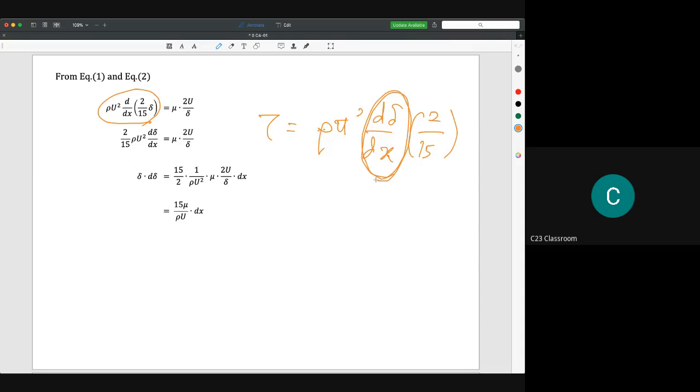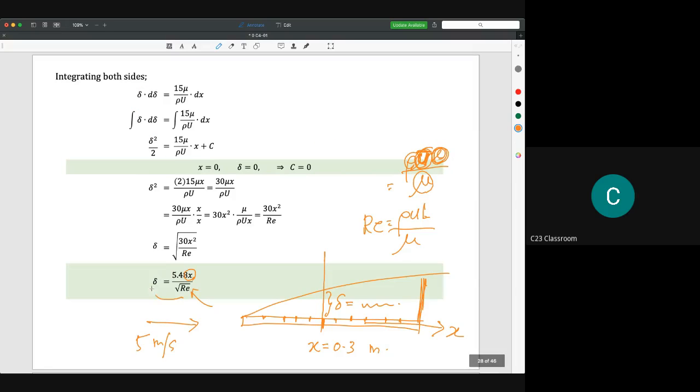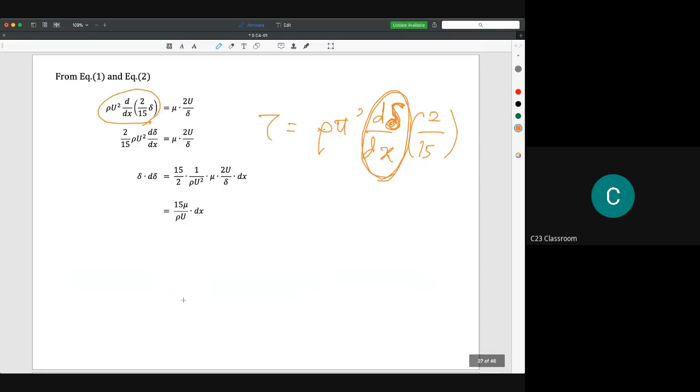You may use this one by replacing the dx here, after you integrate both sides, so you need to bring x to the left hand side. You need to rearrange, substitute the value of delta here with this term, and then integrate it. Then you could find the same final answer.